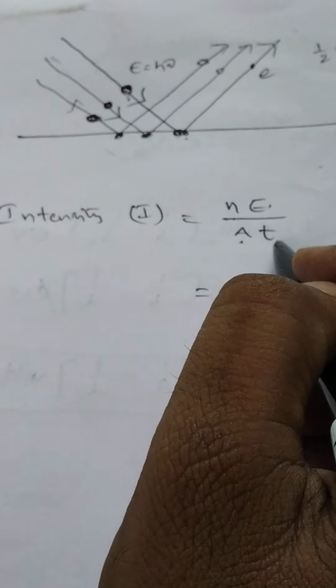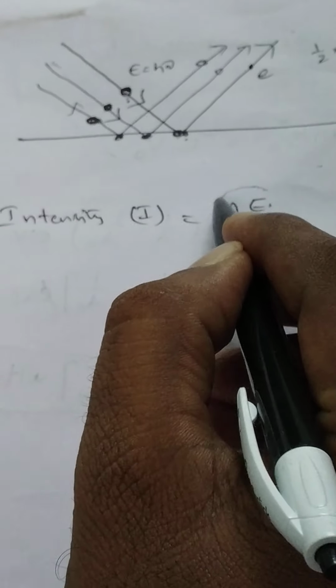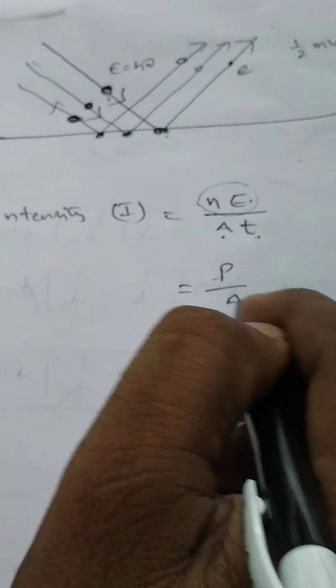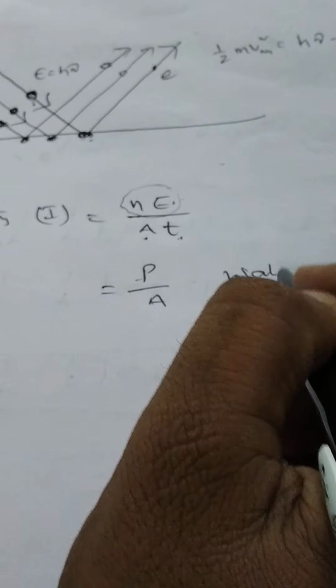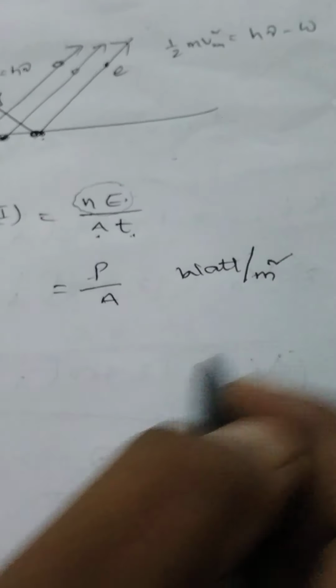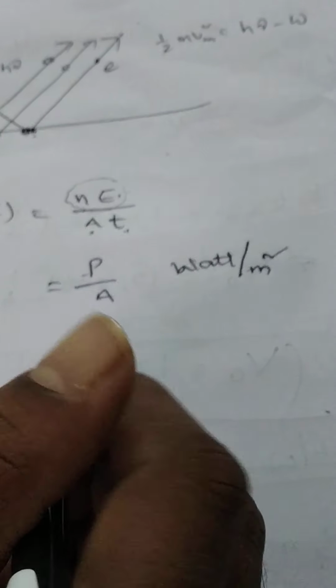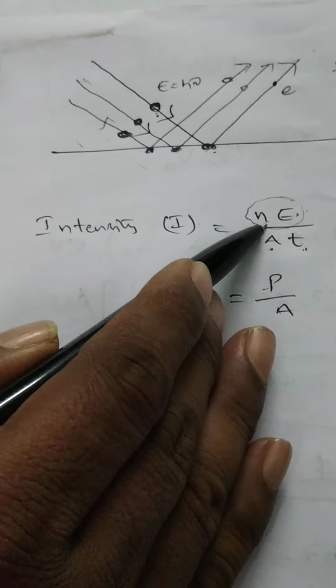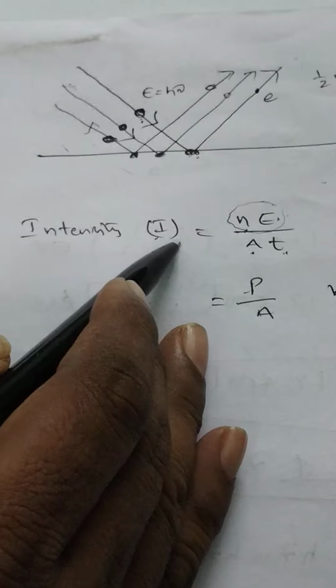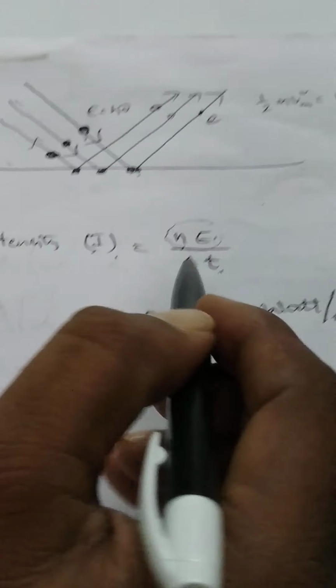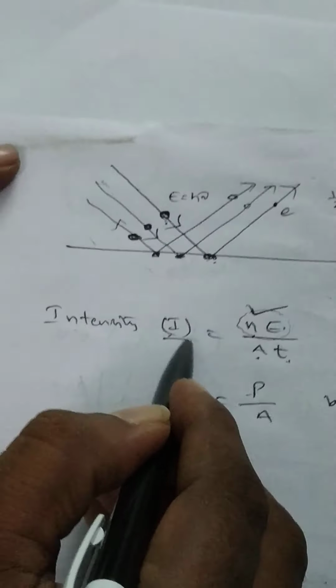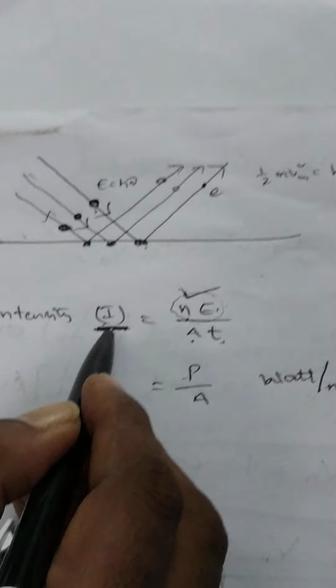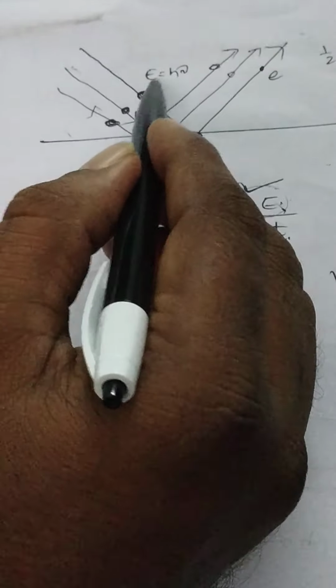Energy by time is also power, so intensity is power by area, with SI unit watt per meter square. If the number of photons increases, only the intensity increases, not the energy. The energy of each photon remains the same, equal to h nu.